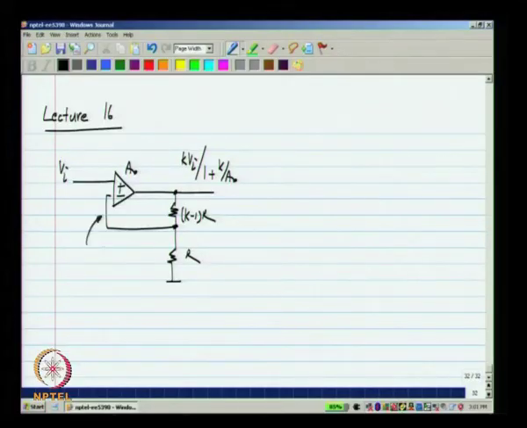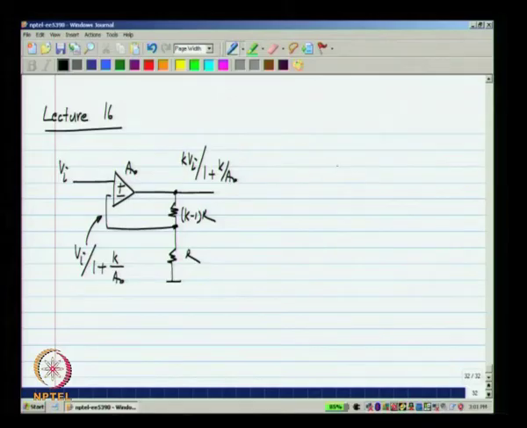And the voltage here should have been Vi itself, that is, the two voltages being compared by the op amp should be the same after it reaches steady state, but they are not, and this voltage is smaller than Vi. It is equal to Vi by 1 plus k by A naught. It is close to Vi, but not exactly equal to Vi.